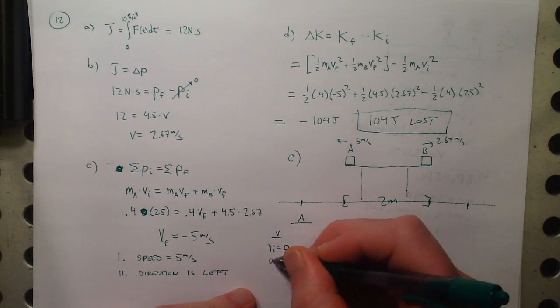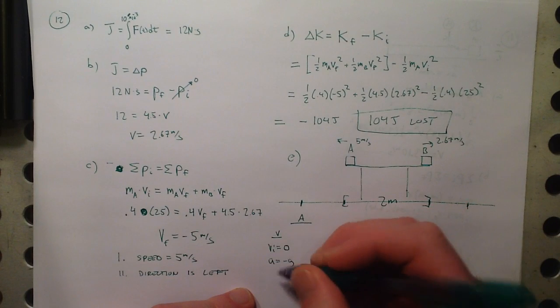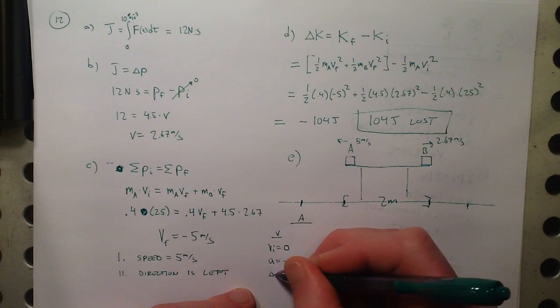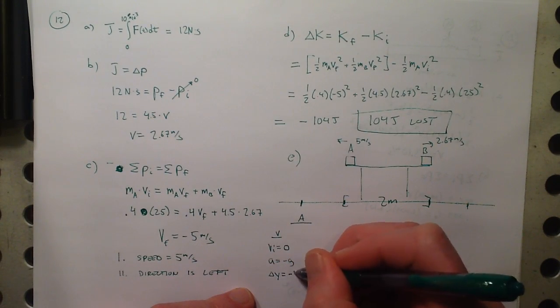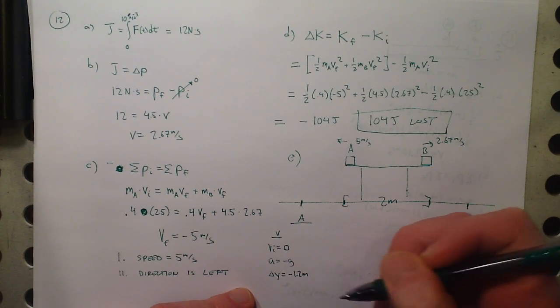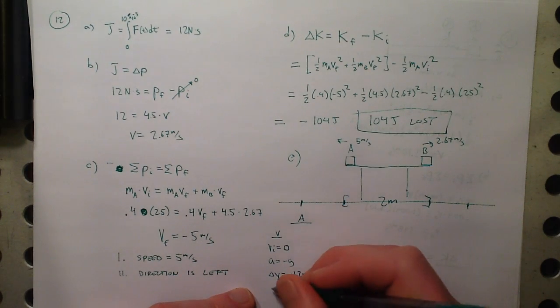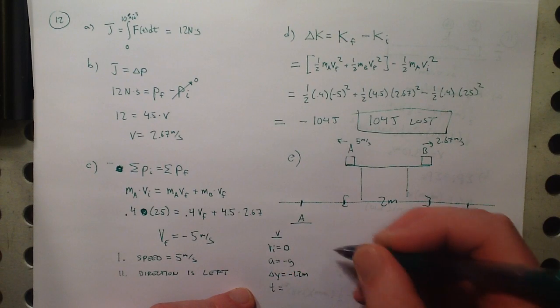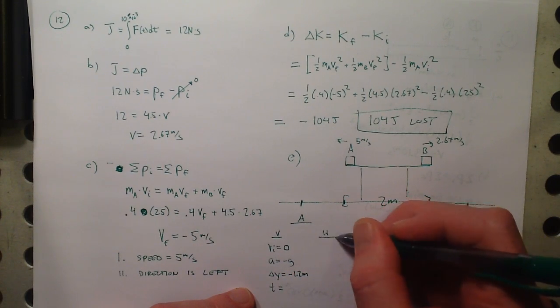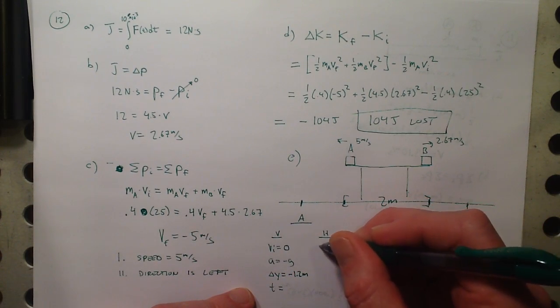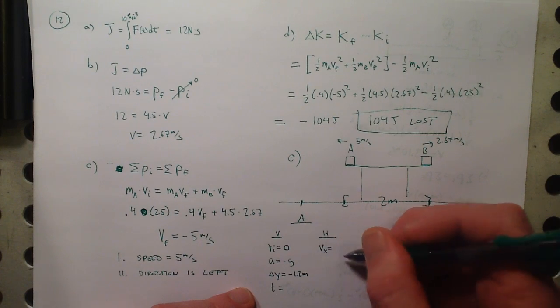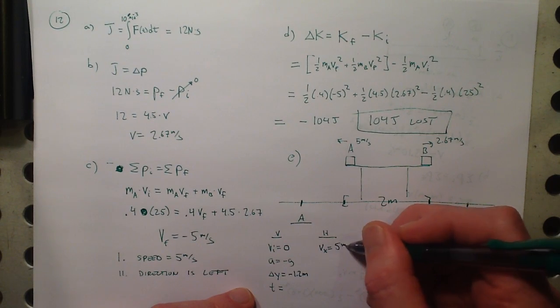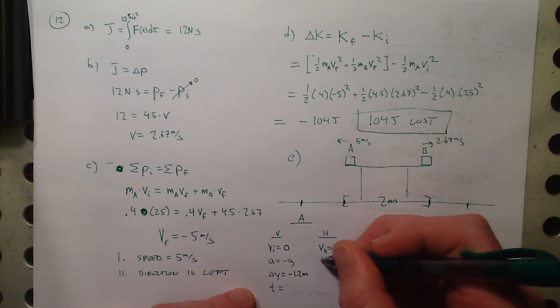And the acceleration is negative g, and it's going to have a delta y of negative 1.2 meters. And I'd like to know the time, so I can bring that over to the horizontal side, where it has a constant horizontal velocity of 5 meters per second.